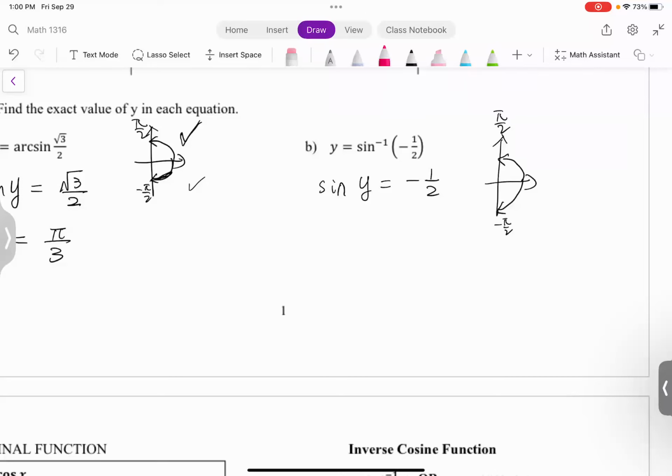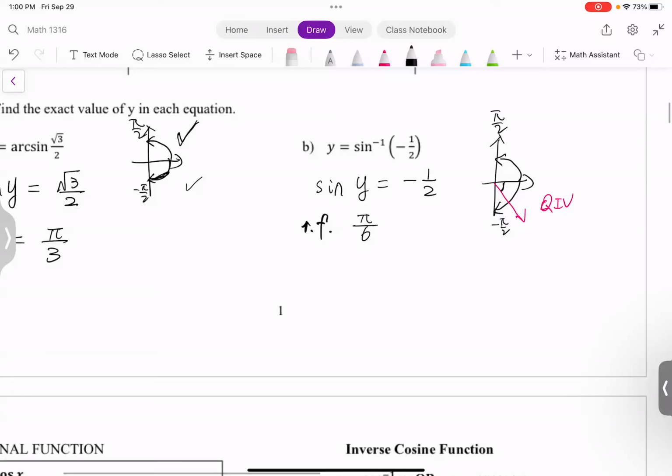Where is my angle? Here in the fourth quadrant, Q4, and sine y equals negative 1/2. What is the reference angle if I only look at 1/2? The reference angle is 30 degrees or pi over 6. So we say the reference angle of y equals pi over 6.